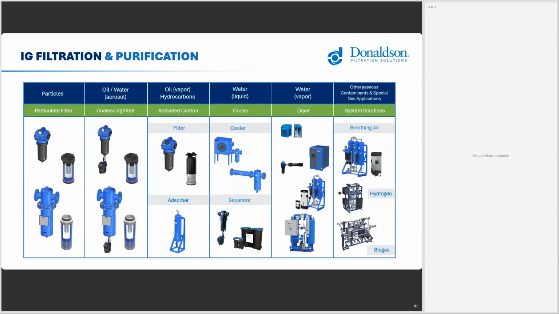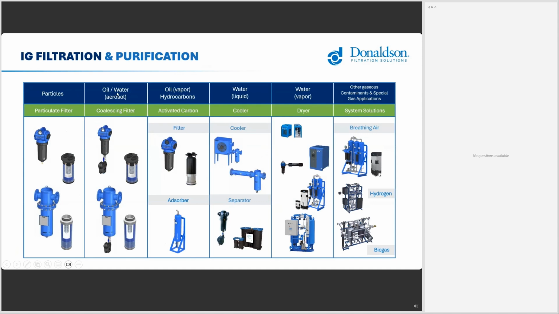Looking at downstream of the compressor, so in the compressed air system, you see that for each of these contaminants you find here in that table and in the header, like for particles, there are specific filters designed to remove particulates very efficiently, in order to achieve the quality classes as defined in the ISO 8573.